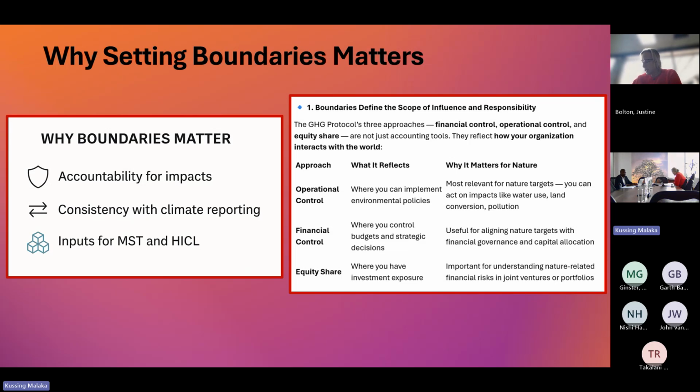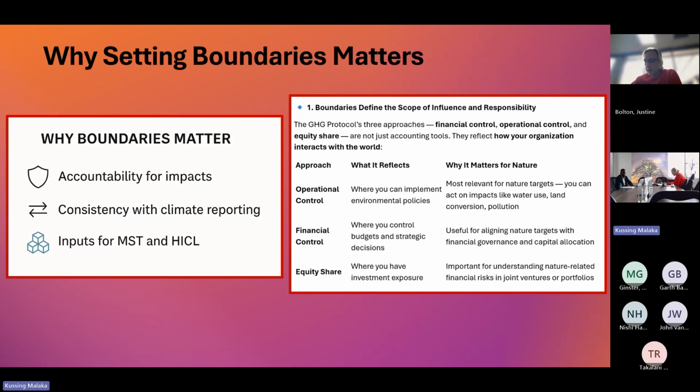In terms of accountability, what activities we identify in the boundary setting will lead to us understanding what environmental pressures are caused by those activities, and what's included in, as Malaka referred to it, our fence or our boundary. It leads to an understanding of where these pressures occur. Is it in our direct operations? Is it in our upstream supply chain? Where it occurs in the boundary may influence how we're able to manage it.